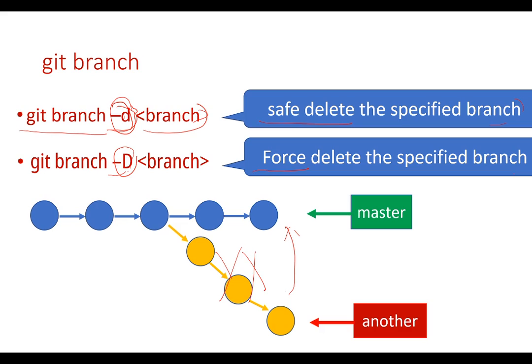If this branch has not been merged, then if you use this command, the branch will not be deleted. But this option will always delete the branch, no matter whether or not you have merged it to master.